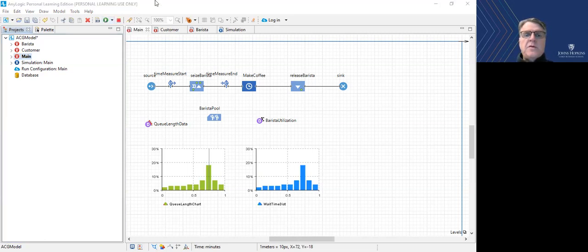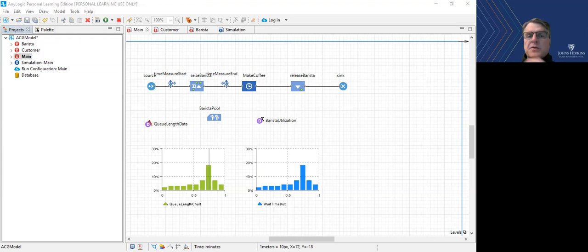Ideally, what you'd want to do is run it several times and average out the results. You can see that you have some controls here where it's running pretty slow, and I can speed it up by increasing this. You can also slow it down if you need to. That's the time scale. Minutes are going by at the rate of 10 per regular minute, and I can make this go up to like 1,000.